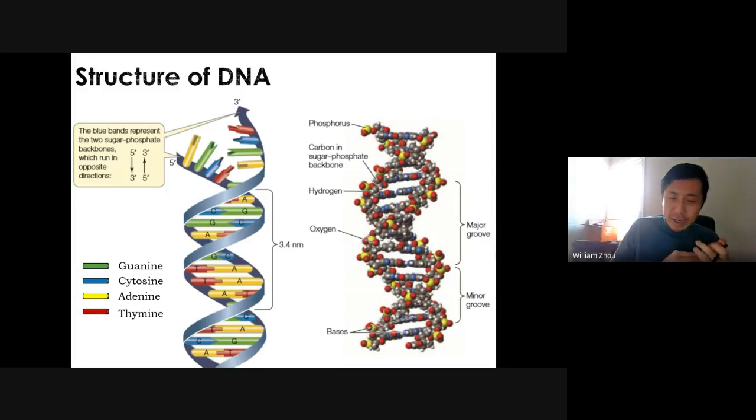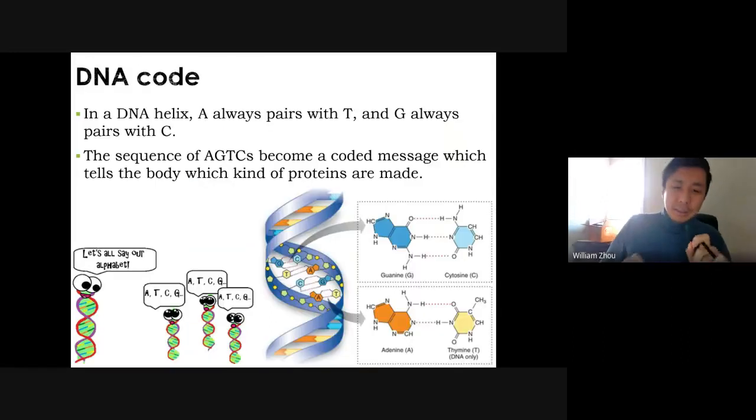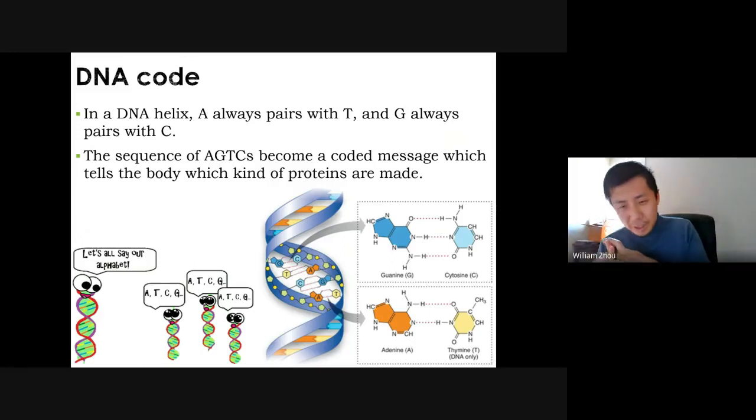Okay, so DNA wraps around itself in a double helix. There are 2 ribbons. Between them, connecting the 2 ribbons, are the 4 different base pairs. The 4 base pairs, well, they bond with each other with a very specific rule. If you are A, adenine, you will only ever bond with T, thymine.